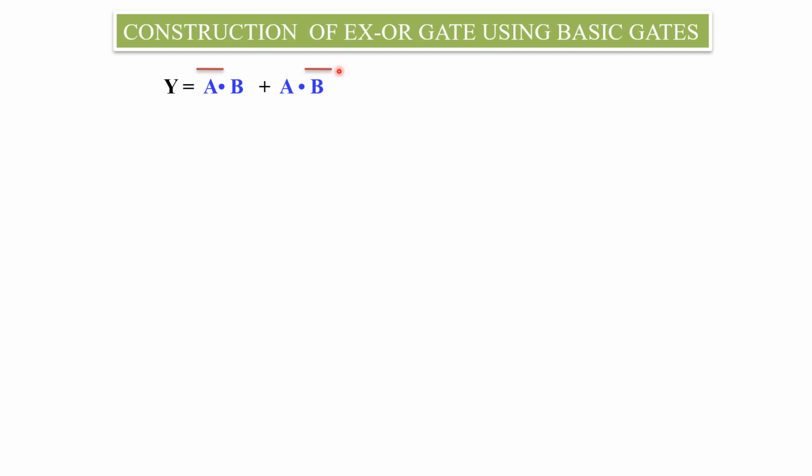Which gate? Again NOT gate. So the A bar dot B, dot means AND. So A bar and B are combined with the AND gate. And then the two terms are combined with which gate? OR gate. So we require a NOT gate, AND gate and an OR gate.